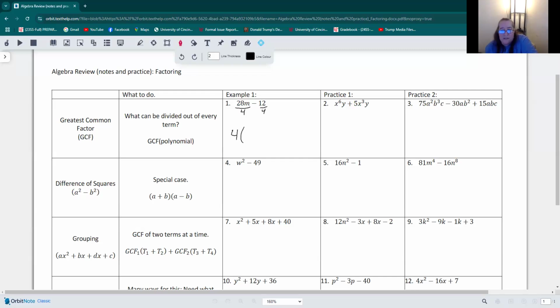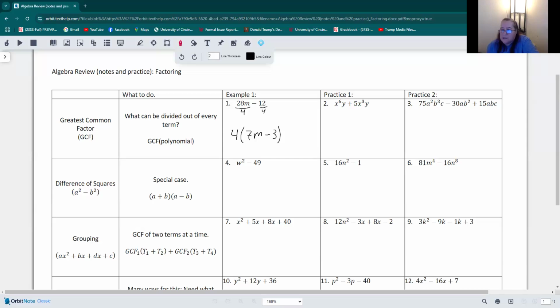Then I have my parentheses because it's going to be multiplied. And 28 divided by 4 is 7. I still have the m. And negative 12 divided by 4 is negative 3. Close my parentheses, and I just make sure that inside those parentheses, there's nothing else I can pull out. And then that would be my answer.